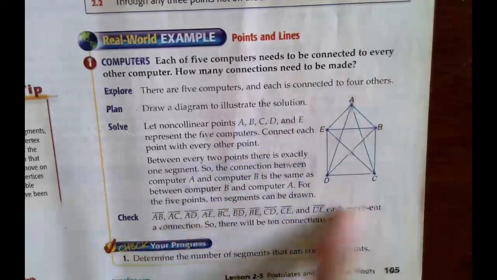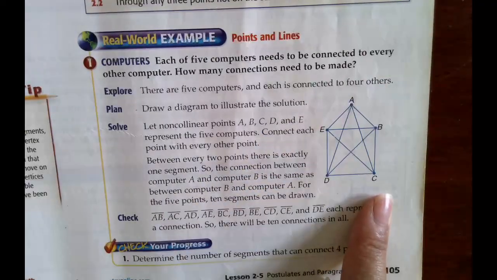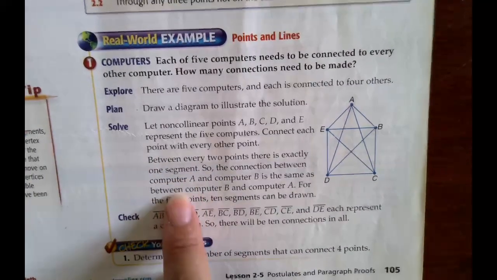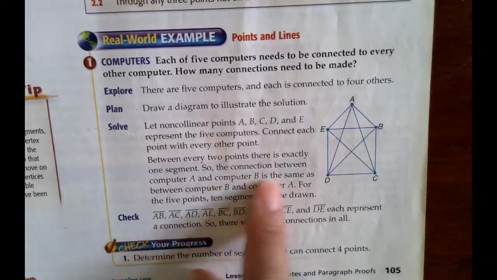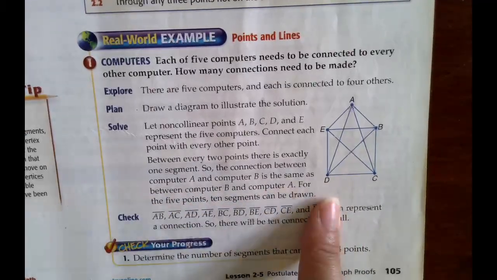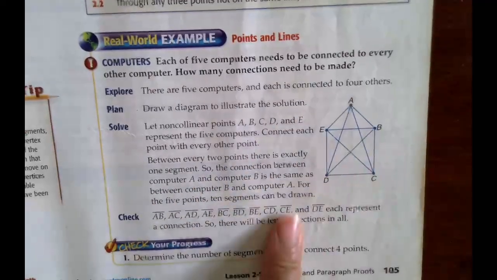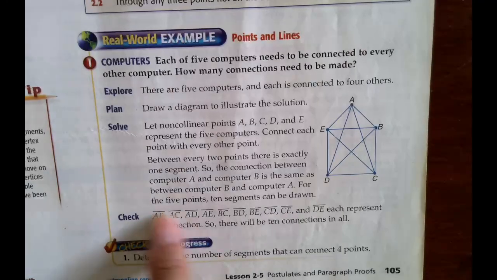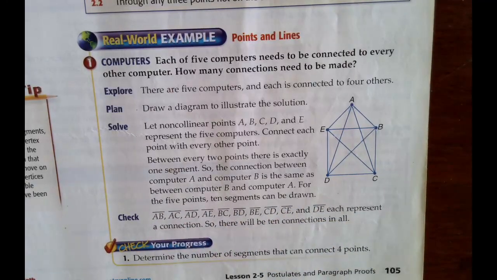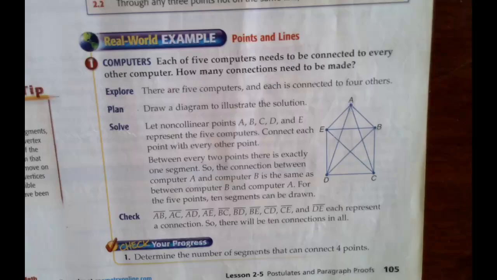And as we keep connecting them, what we realize is that the connection between computer A and computer B is the same, so we don't have to draw it again. So for these 5 points, we count them, 10 segments are drawn, okay? And each of these segments represent a connection, and so there's 10 connections in all, right?